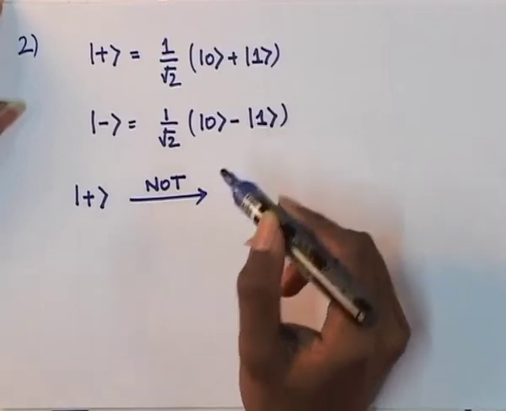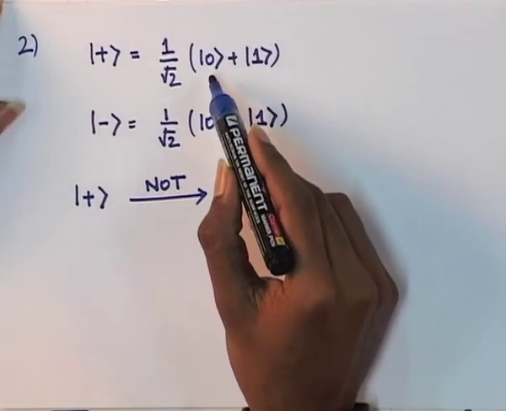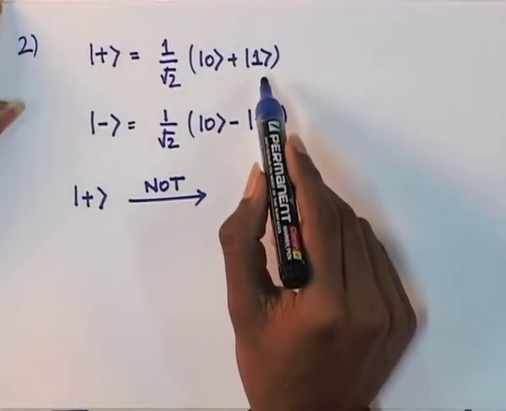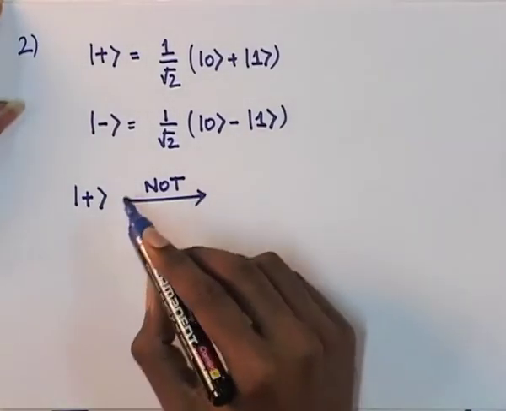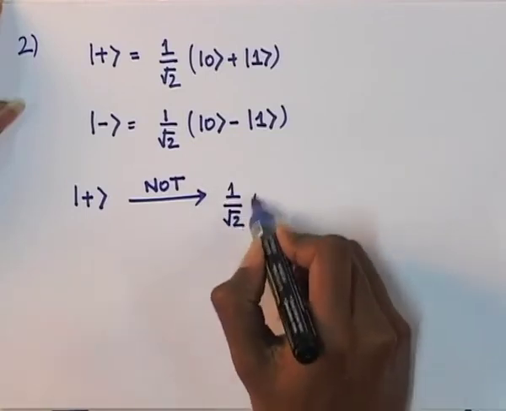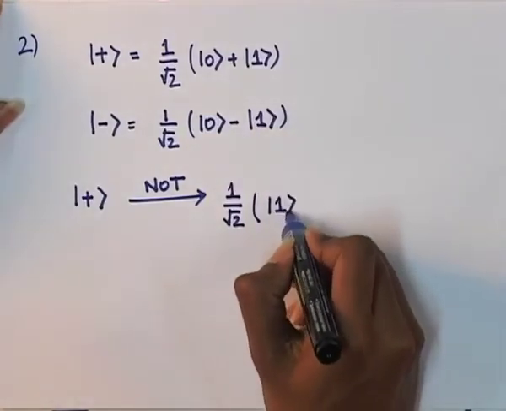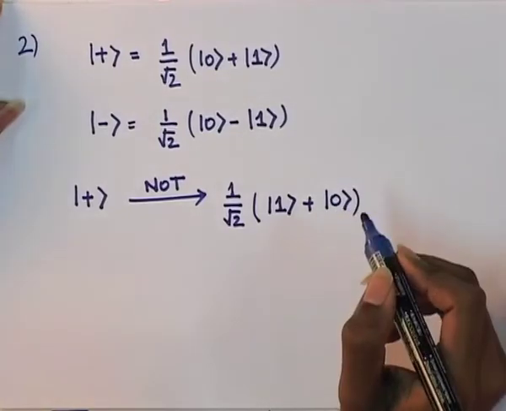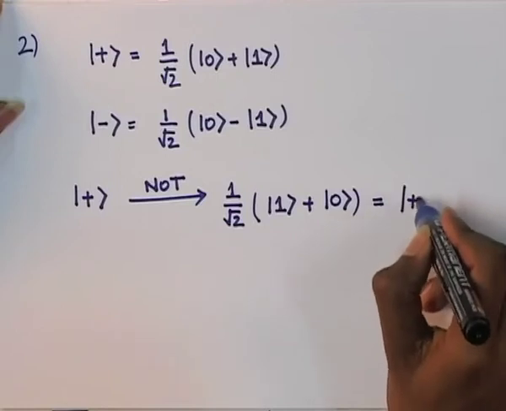So we understand that on application of a NOT gate, qubit 0 transits to qubit 1 and qubit 1 transforms into qubit 0. So on application of a NOT gate, this qubit plus transforms to: qubit 0 becomes qubit 1 and qubit 1 becomes qubit 0. So it's indeed qubit plus again.